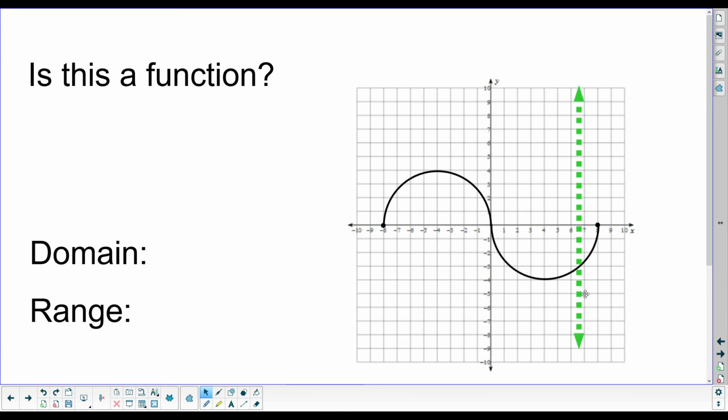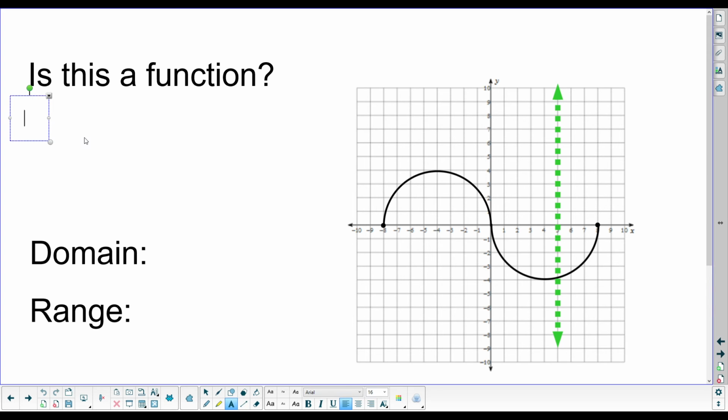So this is not technically overlapping points here. So I would say that this graph passes the vertical line test. Now, I could be wrong, but based on my evaluation, I would say that this passes the vertical line test. Okay, so is this a function? I would say yes. It passes the vertical line test.